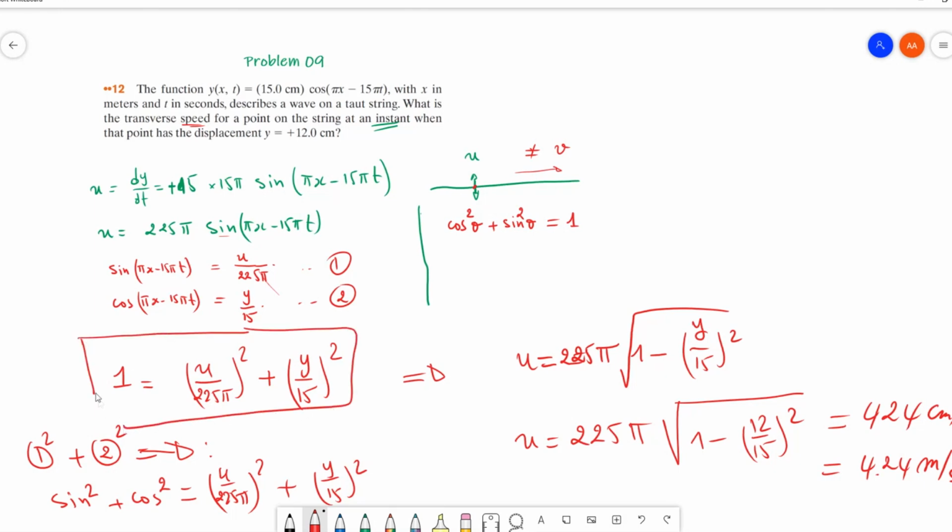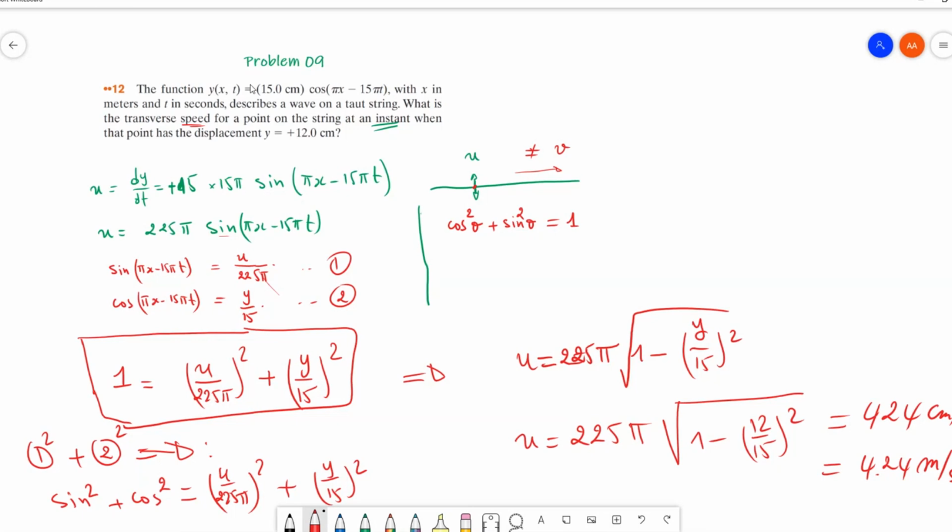So the advantage of this formula is that it does not have time anymore. Yes, clear. And also it does not have x, because here x is not given. So probably if you try to replace y by 12 and solve this one, you need to cheat a little.